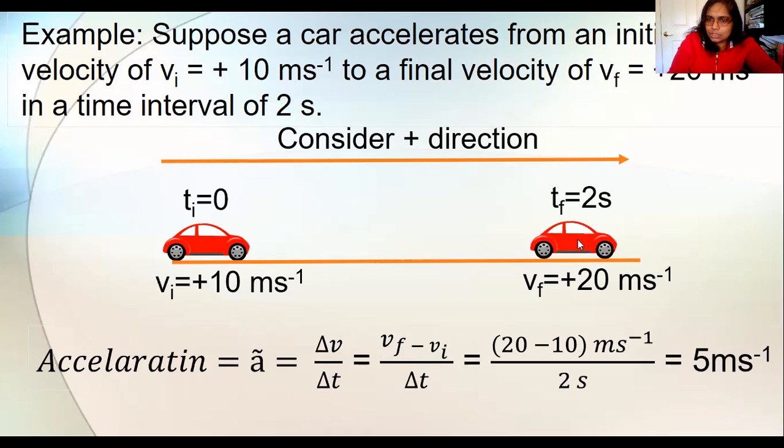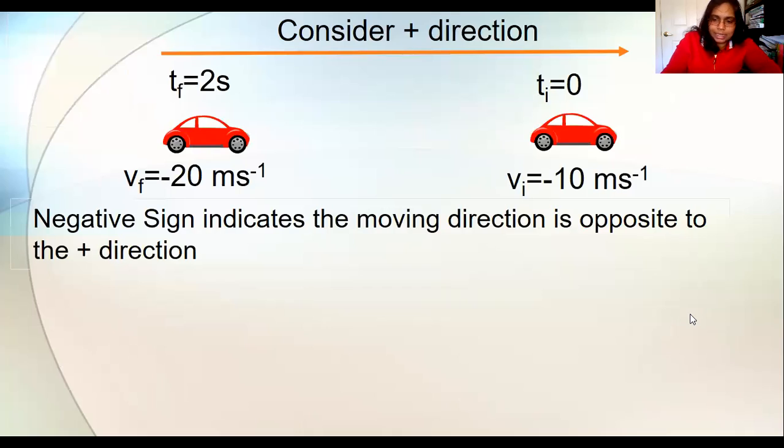Here, the final velocity is 20 and the initial velocity is 10. So 20 minus 10 divided by the time taken, which is 2 seconds. The answer will be 20 minus 10, which is 10, divided by 2, which is 5 meters per second. You can use a calculator if you're messing up the numbers, but these numbers you should be able to do without a calculator. Okay, so that's how you calculate the acceleration.